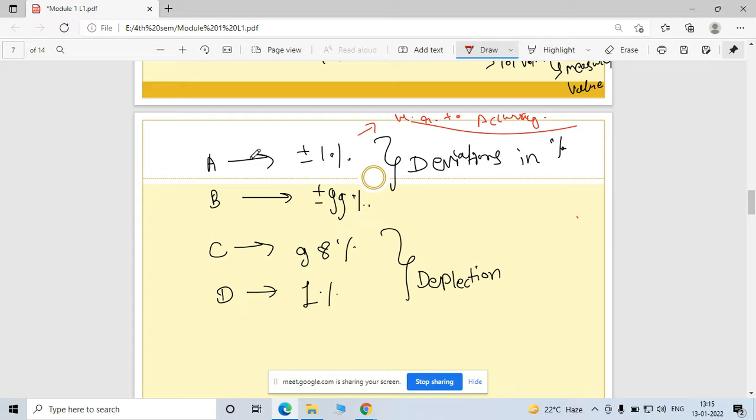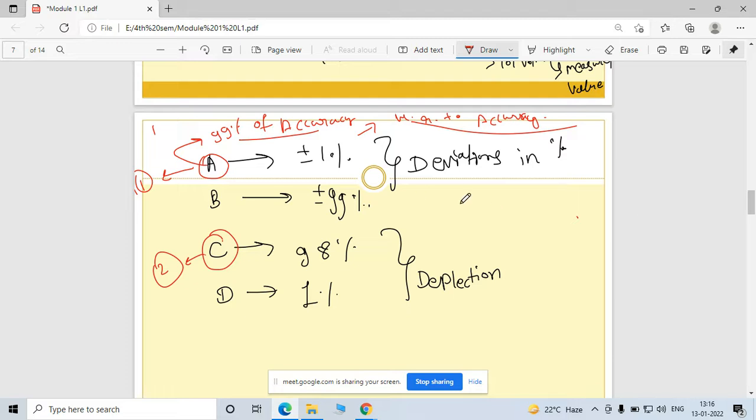If I ask which meter is the most accurate, 100% minus plus minus 1% means A meter has 99% accuracy, so A meter is the most accurate. After A meter, C meter is the most accurate. Then B and D meter are somehow the same.